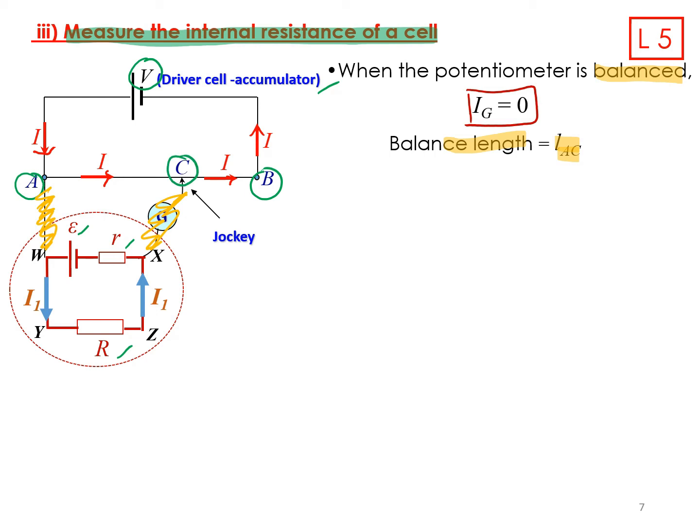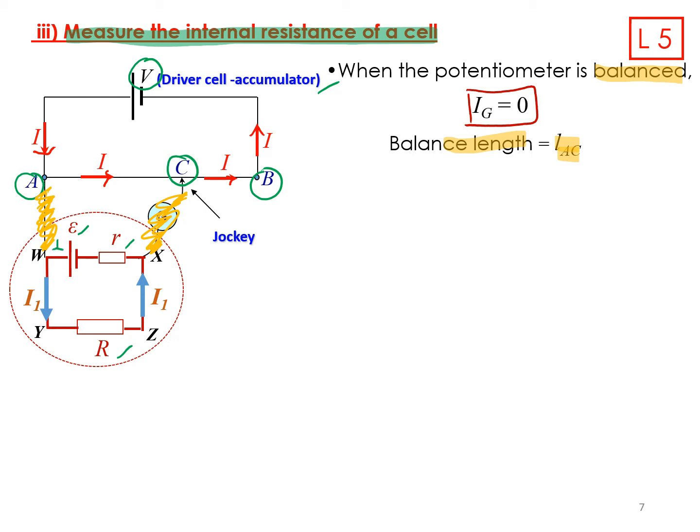Then what happened? At the lower circuit, even though there is no current flowing at both wires, at the lower circuit you have a complete circuit, a complete loop.